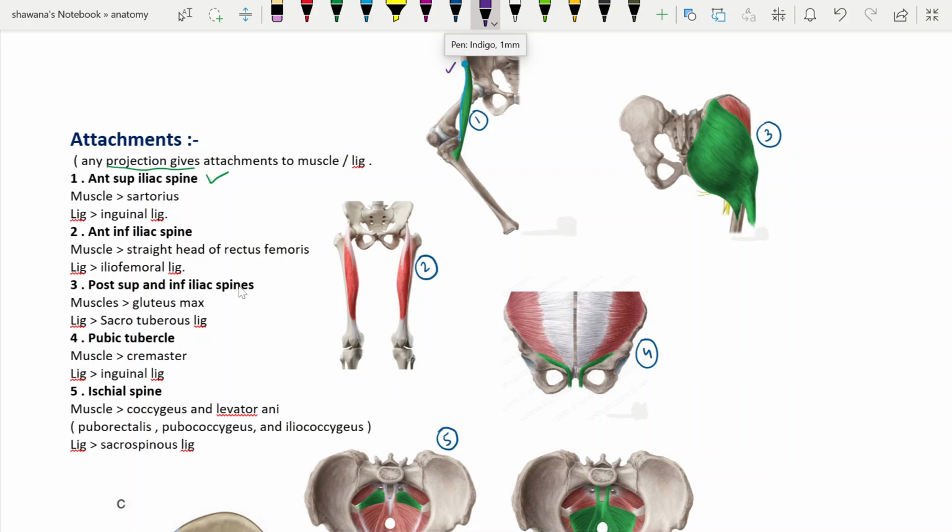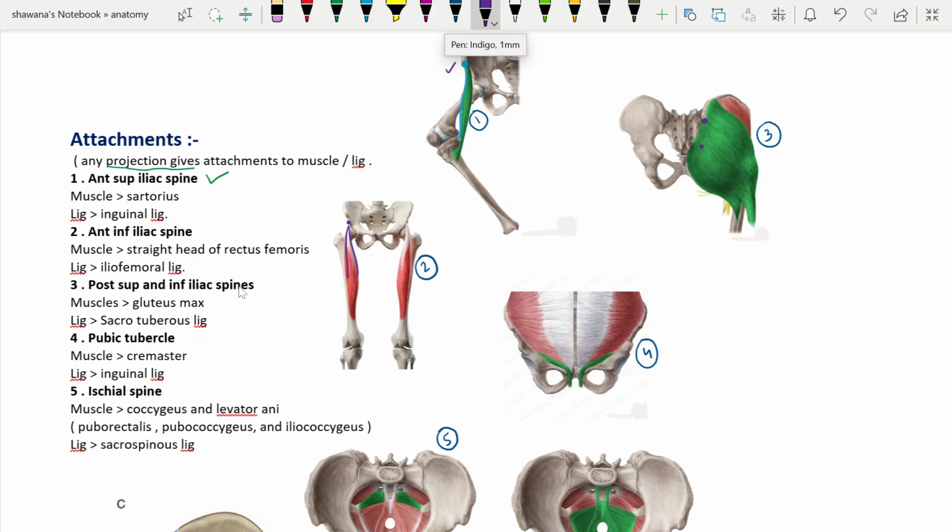Then the second one is the anterior inferior iliac spine. It gives rise to the straight head of the rectus femoris. We are not talking about the insertion but only the origin. Then come the posterior superior and posterior inferior iliac spines, somewhere here.